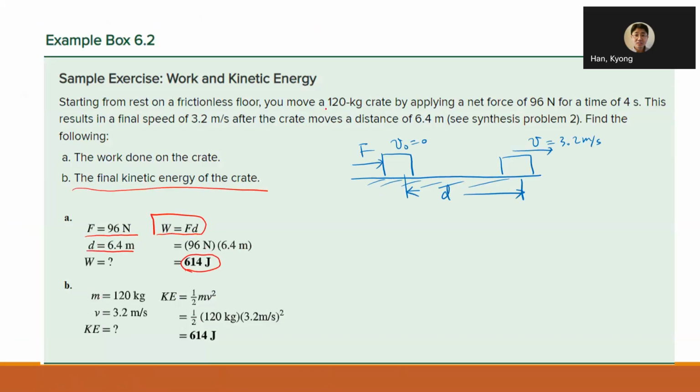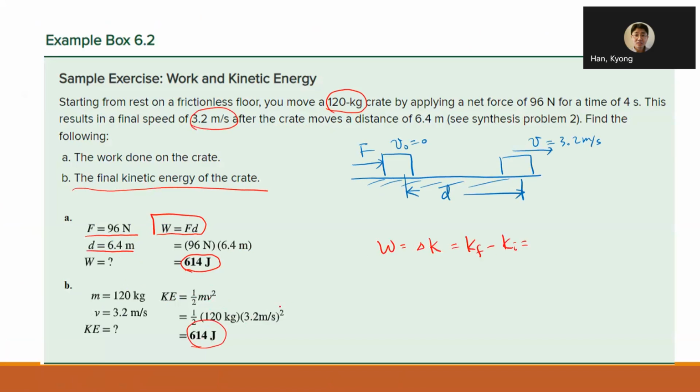Question B is the final kinetic energy of the crate. Its mass is 120 kilogram. The final speed is 3.2 meter per second. Then kinetic energy is 1/2 times mv squared, and with that formula we find 614 joule. This and this are the same. Why? Because, as I explained, the work equals the change in kinetic energy: final kinetic energy minus initial kinetic energy.